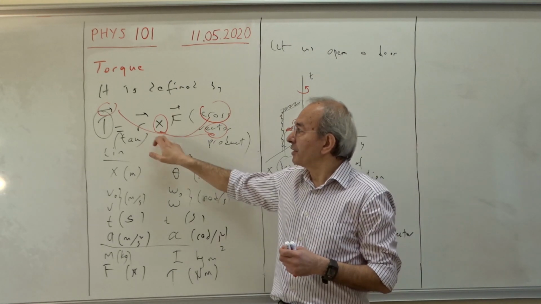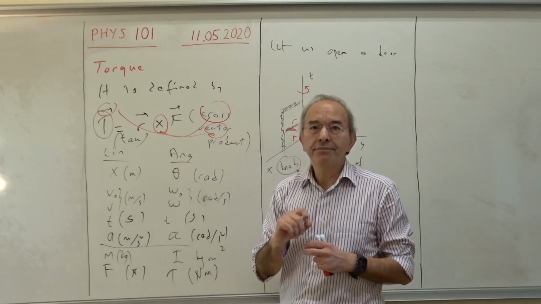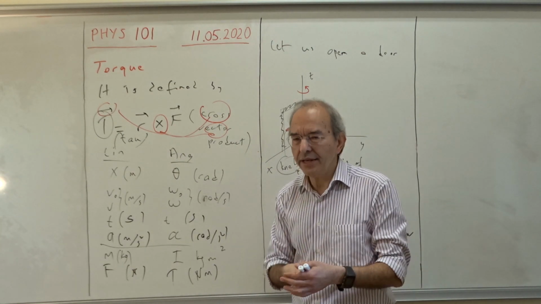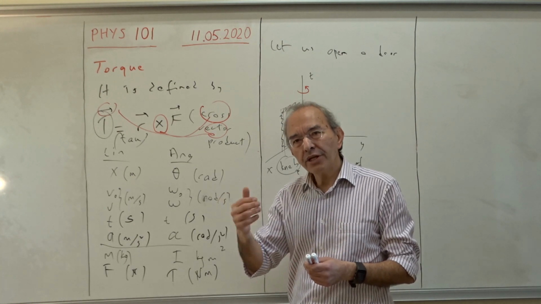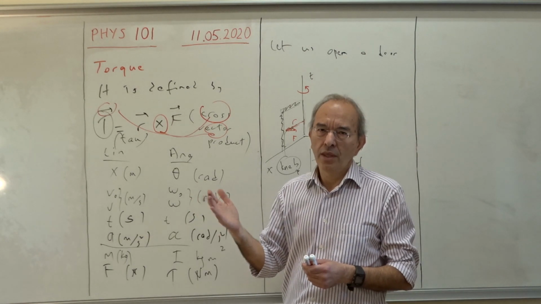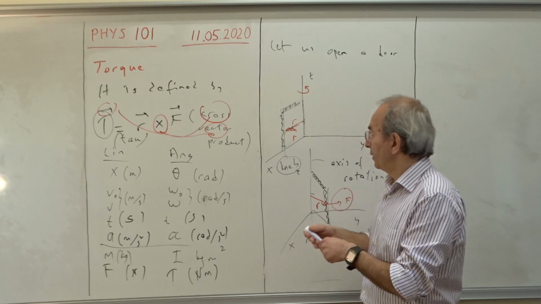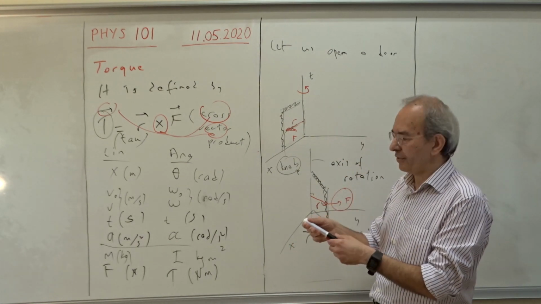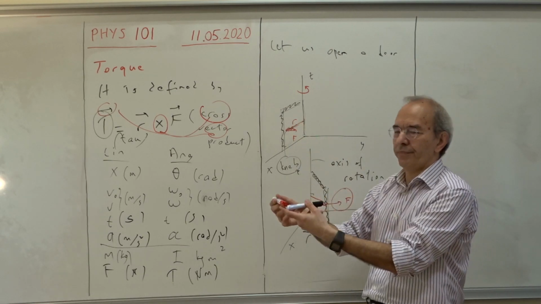When we have two vectors R and F, or A and B, U and V, two vectors which are multiplied by this cross product, then the direction of the resultant vector can be found by the right-hand rule. You first, let's say, look at the vectors R and F. So R is, let's say, this one, and F is the other one.